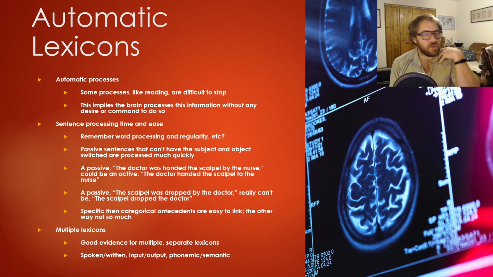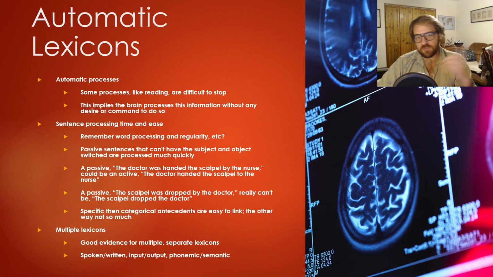And one of the reasons for this is it seems like we just tap into a different associative network of words when we're speaking versus when we're writing. There's things that we can say that just don't translate well to the page. And vice versa. If you talk like a book or even a paper or anything like that, it's weird. It sounds like you're reading. So there's two different kinds of lexicons there.